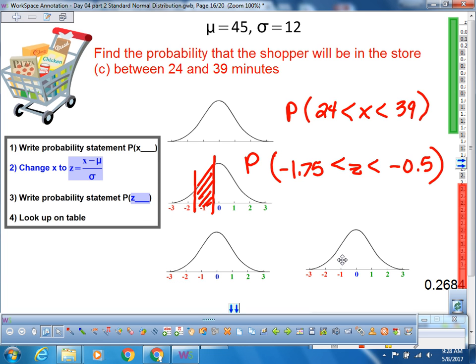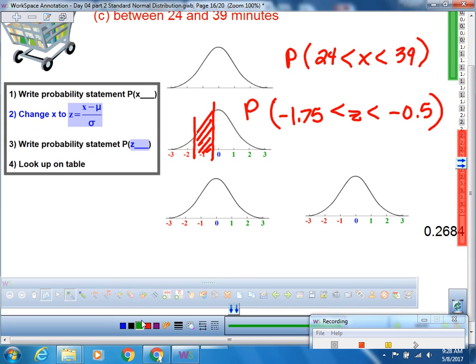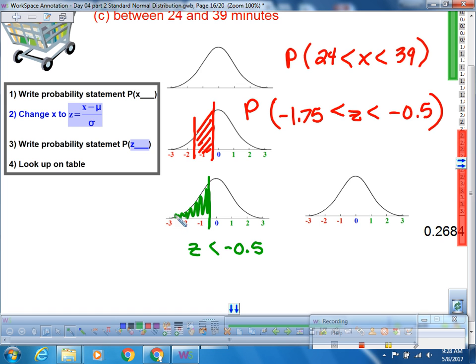Okay, so I'm going to find the first score. Let's use green. So negative 0.5 is right here. What, Catherine, what is it? 23.5?